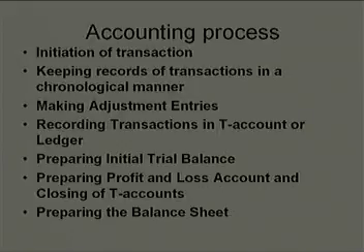So, no matter how many transactions your company is doing, the accountant has to go through this process in a very systematic manner in order to arrive at a balance sheet as well as profit and loss account.